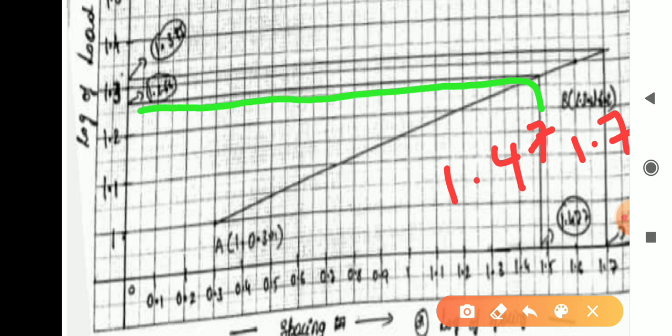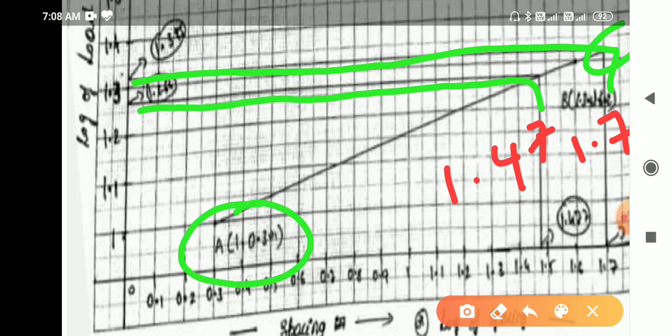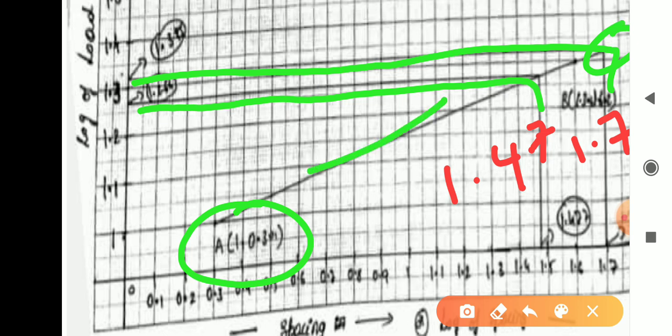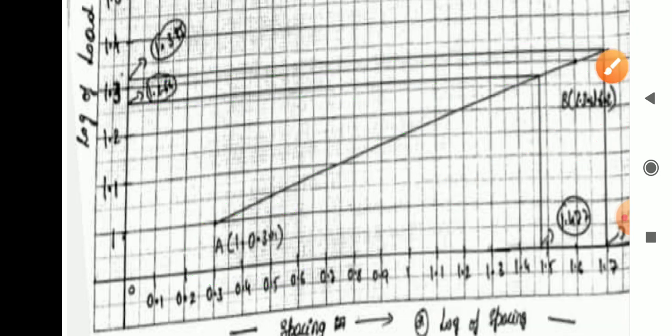Similarly for 1.7, how much is this one, we have to calculate. The main thing is that we first fix point A and point B. After fixing them, we draw a line, that is this line. After that, for 1.47, how much is the y-axis value, and for 1.7, how much is the y-axis value.